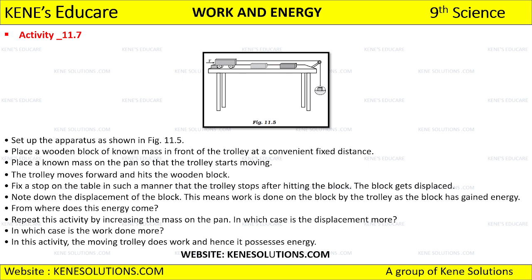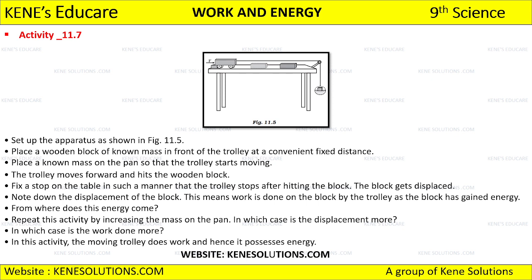Because the moving trolley had some energy stored in it, as soon as it strikes the wooden block, the kinetic energy is transferred from the moving trolley to the block, and this kinetic energy is due to change in the potential energy of the pan.